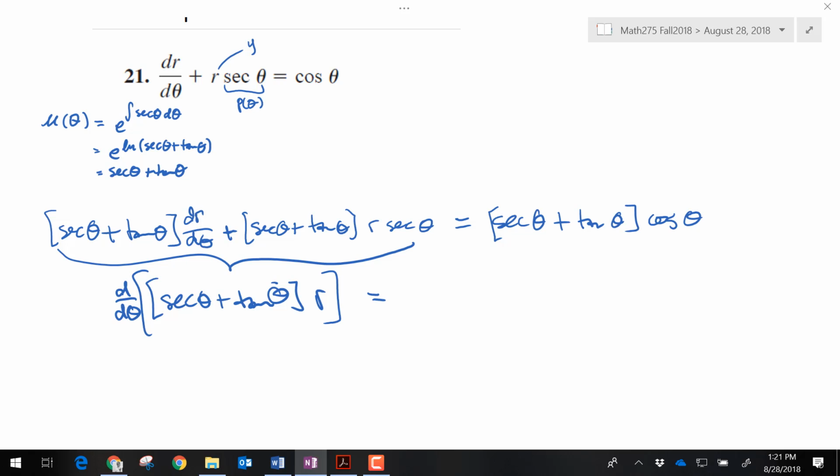So if you take the derivative of this, you'll have secant theta tangent theta plus the derivative of tangent theta, secant squared theta. It's right.